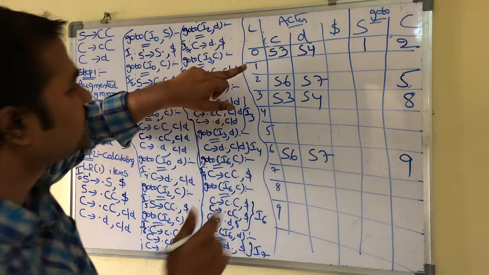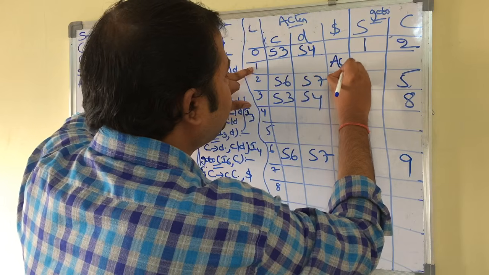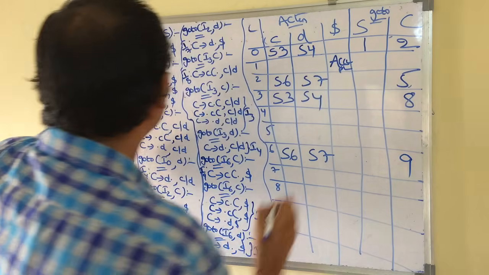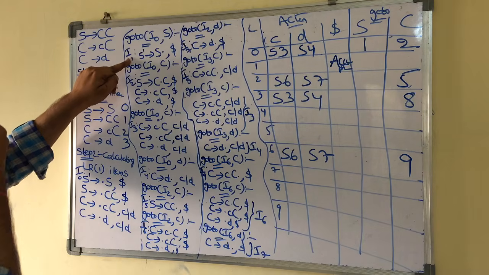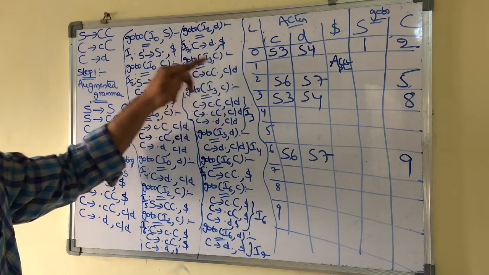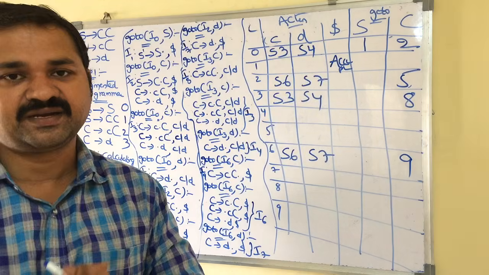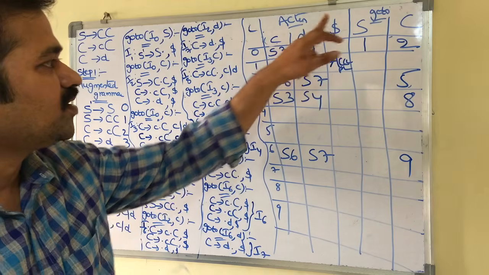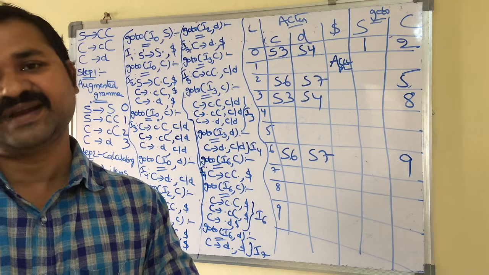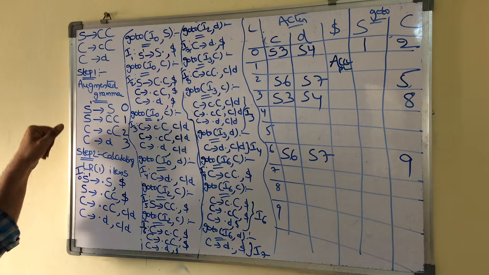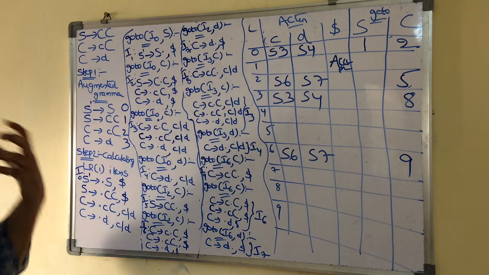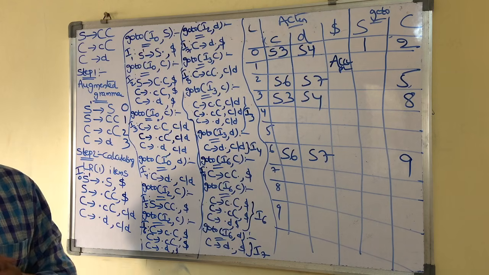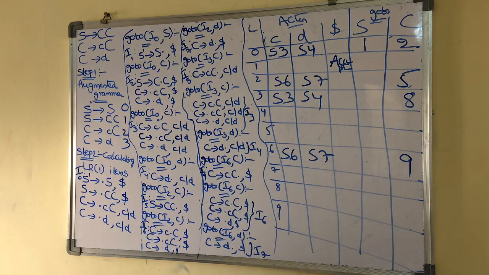So this is always the accepted state. The state number is 1, and the lookahead part is dollar. So $1 means accepted. In SLR, CLR or LR, this always provides accepted grammar. Why? Because S' produces S is an extra production which is added to the grammar in order to parse the input string.